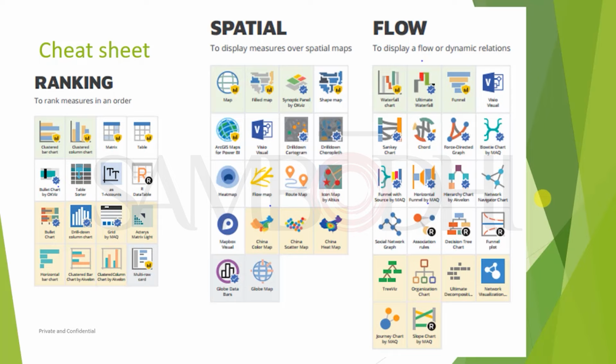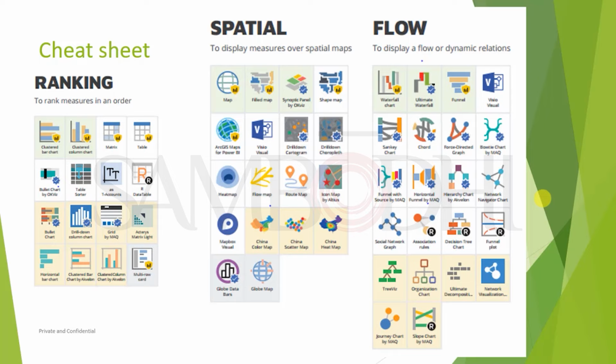So as you see, these charts are available for usage, but it comes with a question which a designer or a developer has to answer: which chart is applicable to my current need? That comes from the business, as in a business would like to see some specific information, and if you analyze that information, you realize it falls in one of these buckets, like ranking chart, spatial chart, or a flow chart.